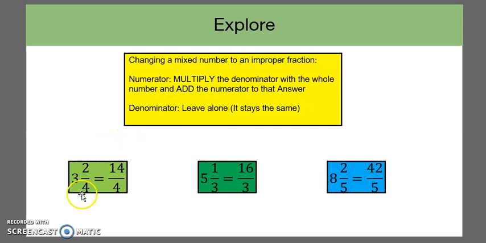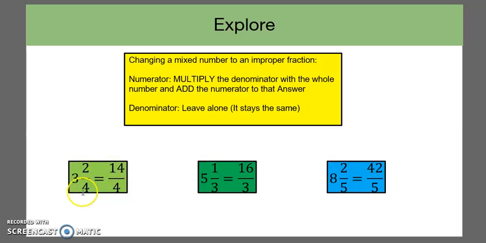So if we look at this example, if we have a mixed number of 3 2/4 and we need to get our improper fraction, the way we get our 14 is 4 times 3, which is 12, and we're going to add the numerator, which is 2. 4 times 3 is 12, plus 2 is 14.